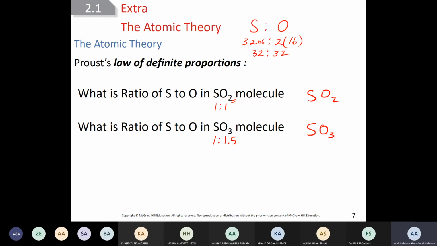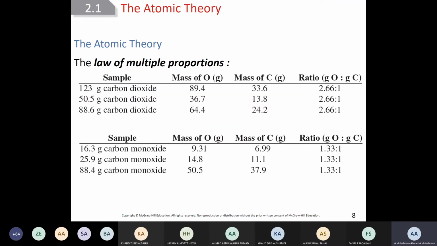Now, I will give you another theory, which is called the law of multiple proportion. Carbon combined with O2 to make CO, and carbon also combined with O2 to make CO2.